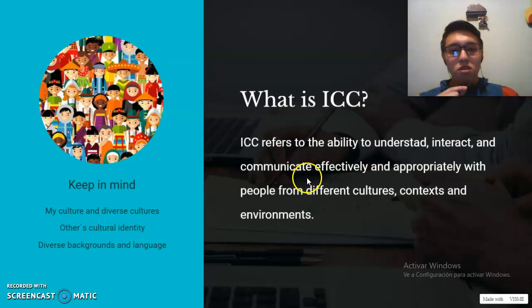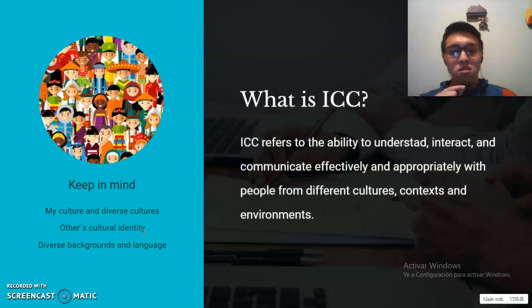In order to develop these activities successfully, is first of all keep in mind my culture and diverse cultures. You always have to establish a relationship between your language or your culture and other cultures, because your culture is not the only one. Secondly, other cultures' identity.